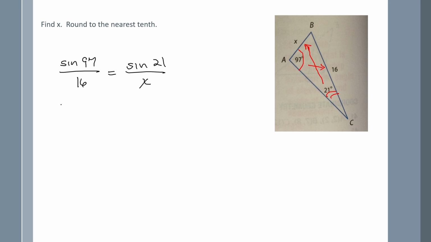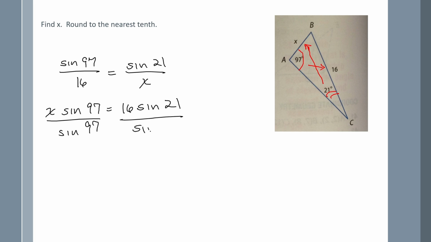We cross multiply and end up with x times the sine of 97 equals 16 times the sine of 21. We divide each side by the sine of 97, and we get x is equal to 16 sine of 21 over the sine of 97.